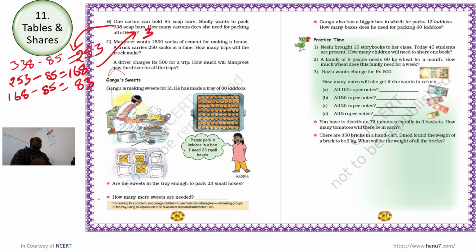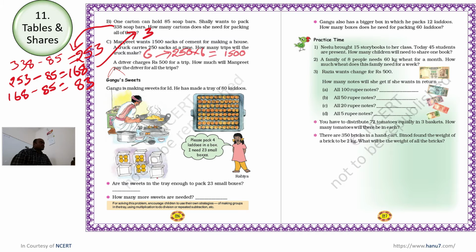How many trips will the truck make? It is very simple. 250 into 6 times will give you 1500. For each trip the driver is charging 500. So you are going to get 500 into 6, 3000 is the answer.